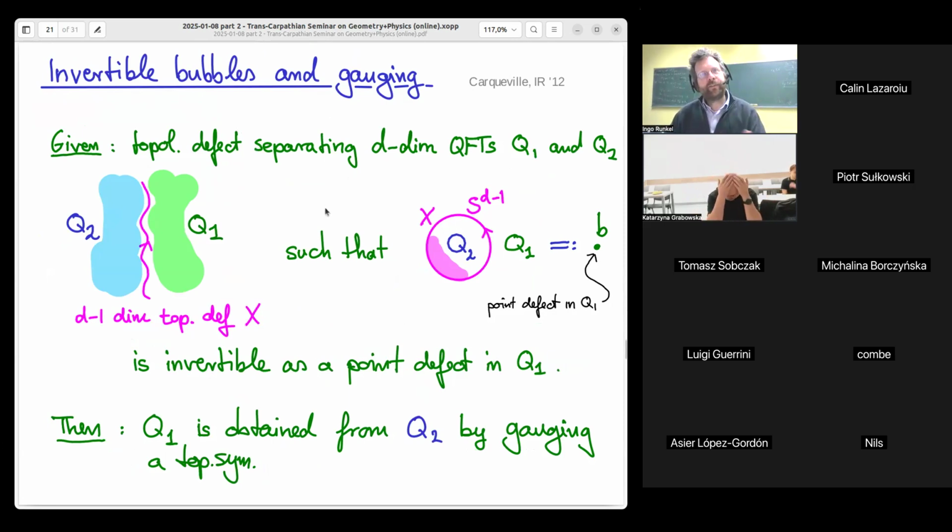These are finite symmetries, and there's a simple criterion for when this works. Firstly, you have to find a topological interface between your two quantum field theories, and it has to have the property that its bubble, the value on a small bubble of that interface, is invertible. If that's the case, then you can obtain one theory from the other by gauging.